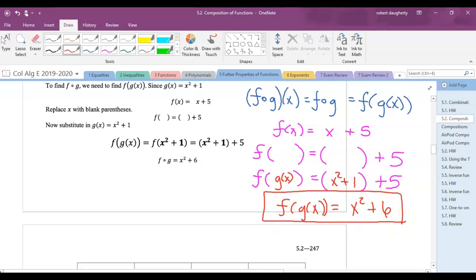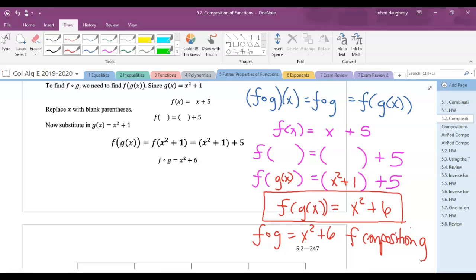Okay. So that is the composition. So we say that f composition g is x squared plus 6. Another way of writing that is f composition g. Okay? So that says you work with g, and then the results of g get plugged into f.